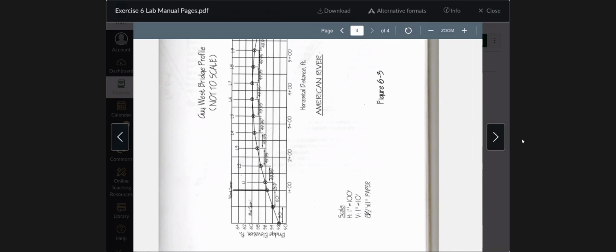If you are, for instance, designing a road and you have all of the underground utilities shown in a profile view, if you do not exaggerate the vertical scale, all you're going to see are a bunch of lines running all on top of each other. By exaggerating the vertical scale by a factor of 10, you're stretching out that room for the vertical improvements that you're trying to show.